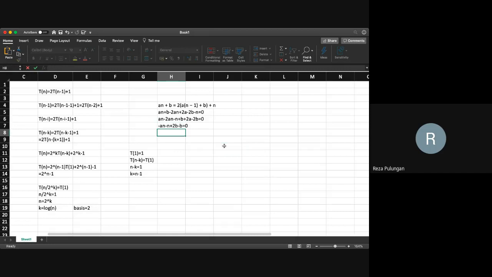Minus an. So I just put it like this: n multiplied by minus a minus 1, plus 2a minus b is equal to 0.